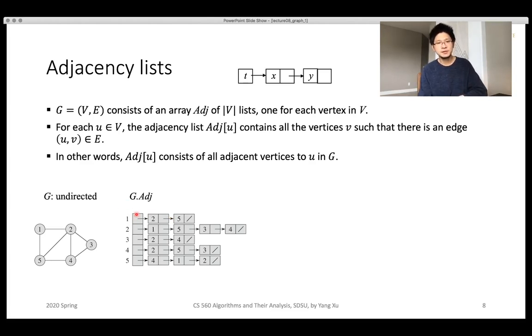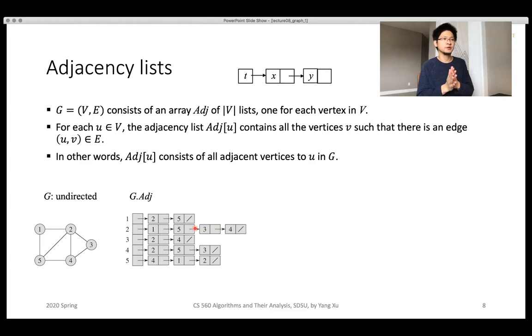If you look at the second row, it contains all the adjacent vertices to vertex 2. That's why there are 1, 5, 3 and 4. Actually, within this particular example, the order of these vertices within each list is not important.